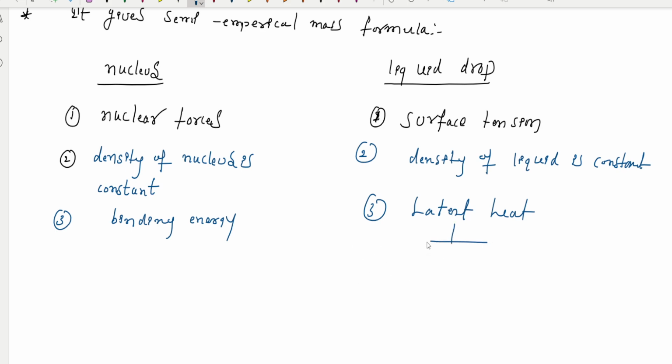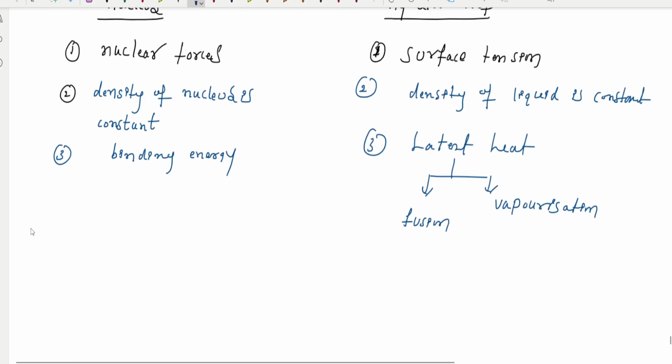So latent heat, one is fusion, another one is vaporization. Here the nuclear disintegration is happening.